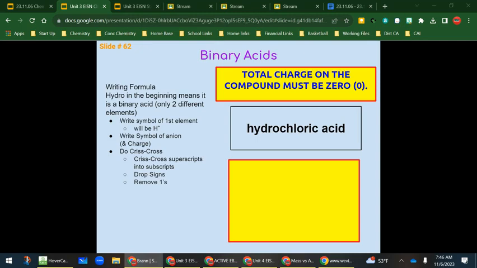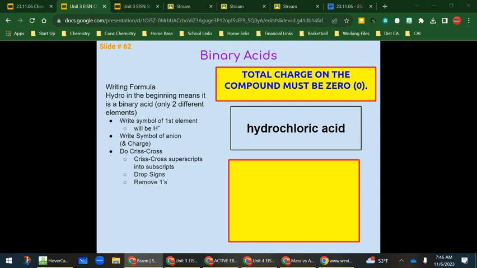What do we look for? AQ at the end. What does it begin with? Hydrogen. Begins with hydrogen, has an AQ. So if you're looking at the formula, it begins with hydrogen and ends with AQ. Here's the good news. If you're looking at the name, they say acid in them. Every one. No matter what, when you name an acid, it says acid in it.